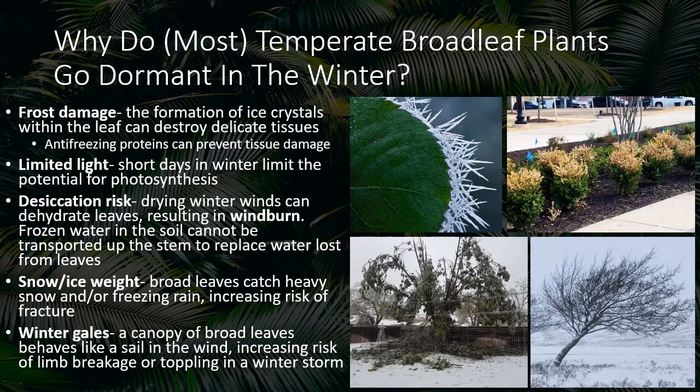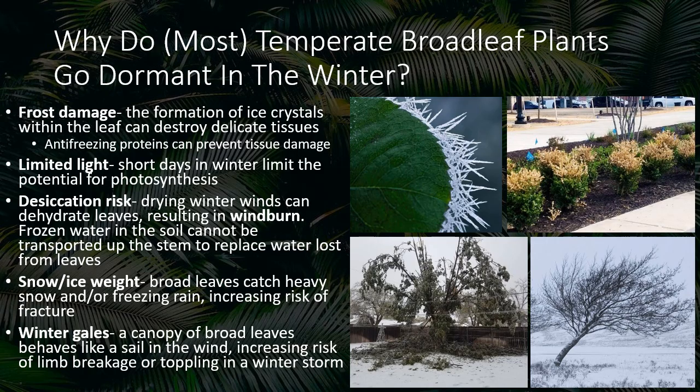So if you have dry, low humidity winter winds blowing on your plants for an extended period of time, they will wind burn. They don't have the ability to replace any water that's lost due to transpiration, so you get some serious damage. We can see wind burn occur in these broadleaf evergreen shrubs in the top right corner. This is a problem that broadleaf evergreen plants still deal with today, and it's one of the risks of planting broadleaf evergreen landscape plants.